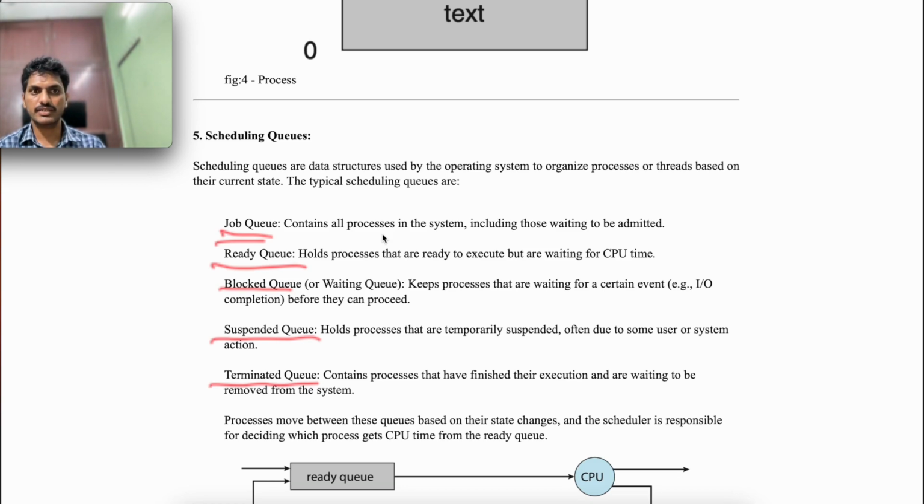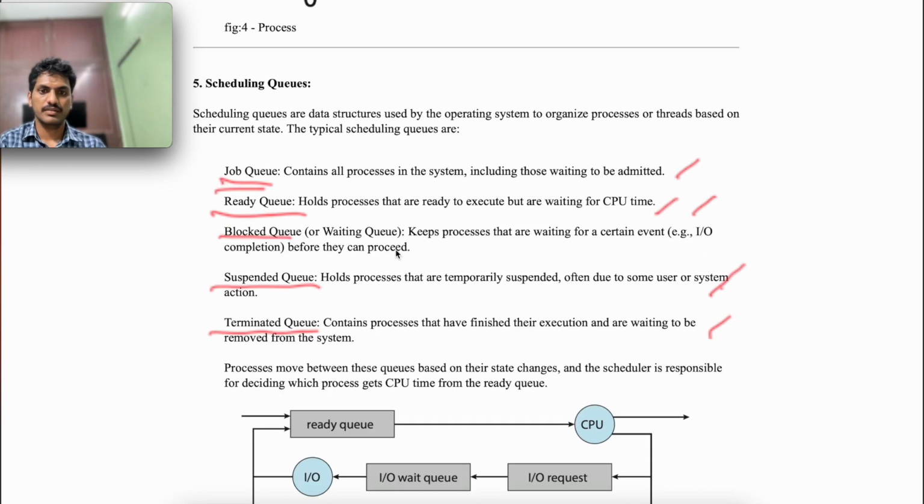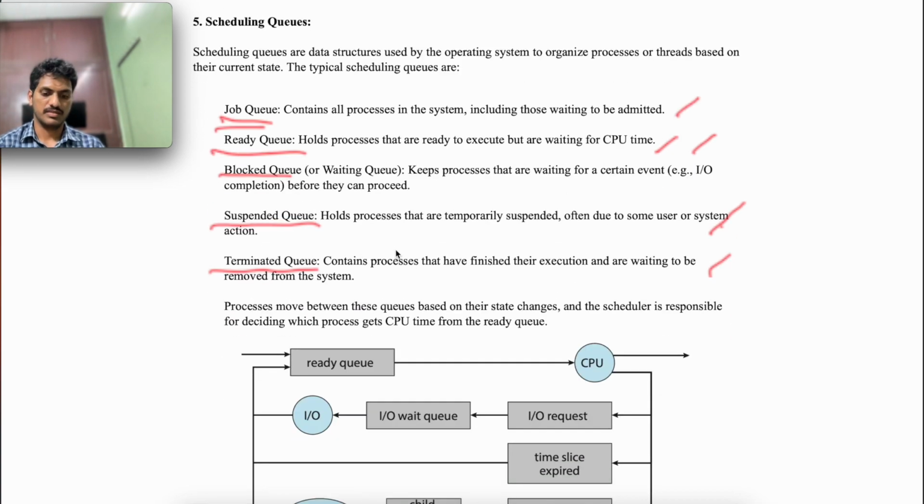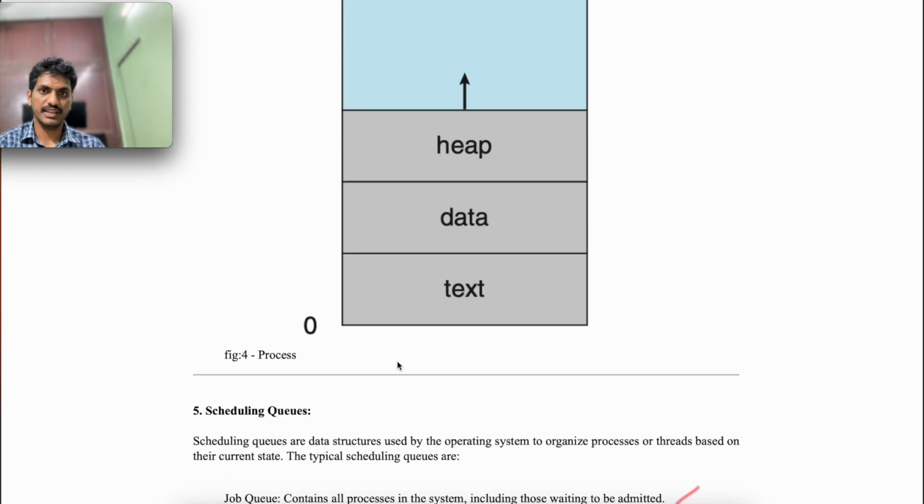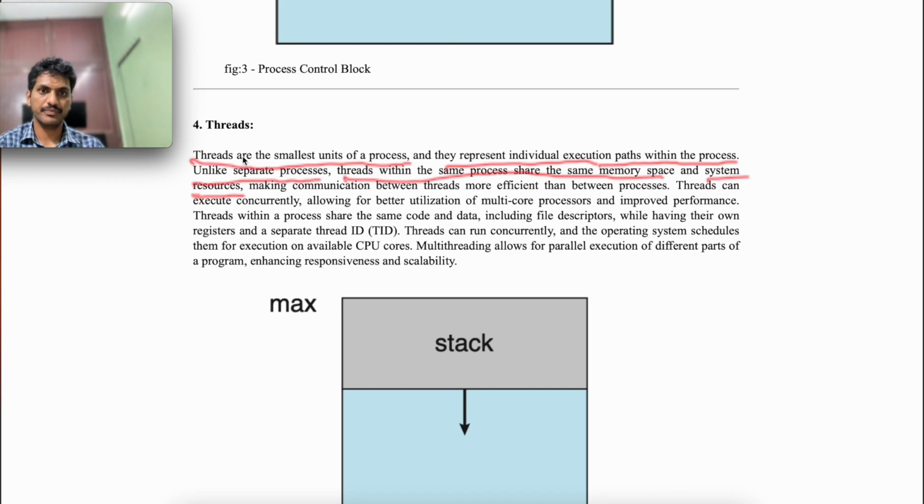So what are the queues in the computer? First one is job queue. Second one ready queue, block queue, suspended and terminated. About the threads also, you just remember the definition of the thread.